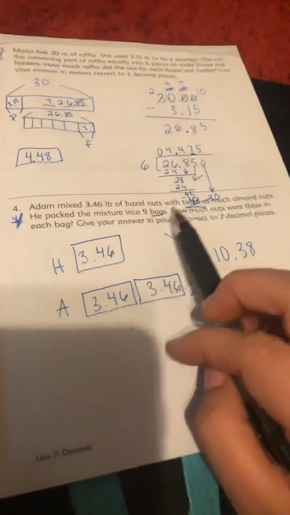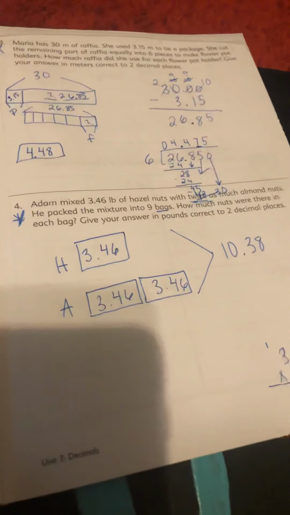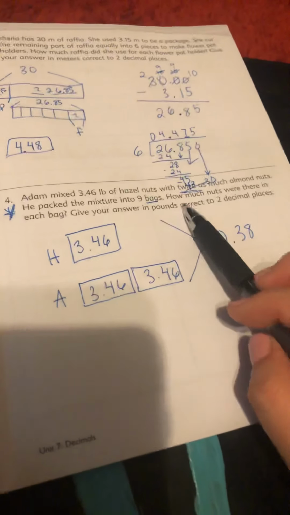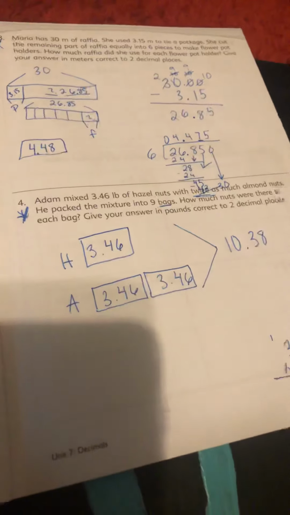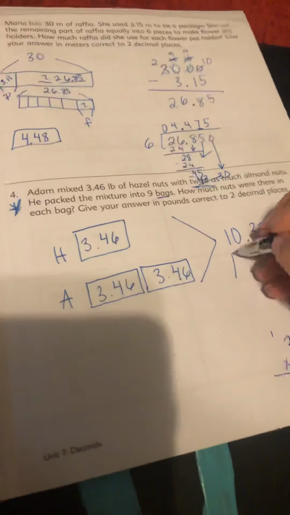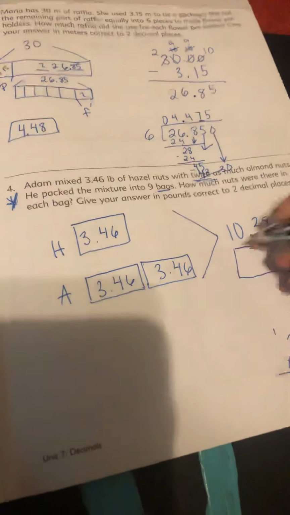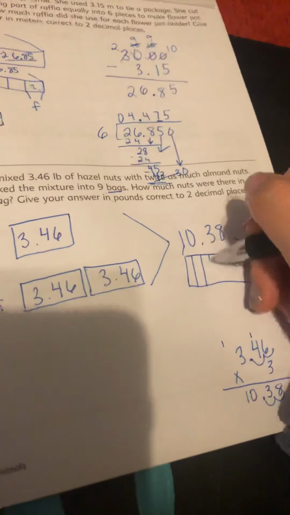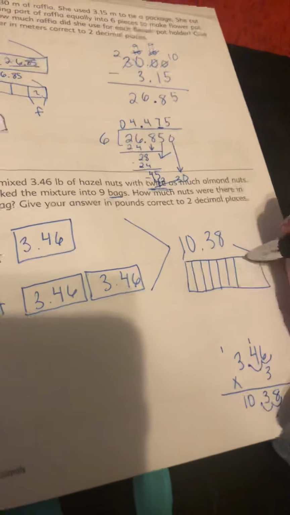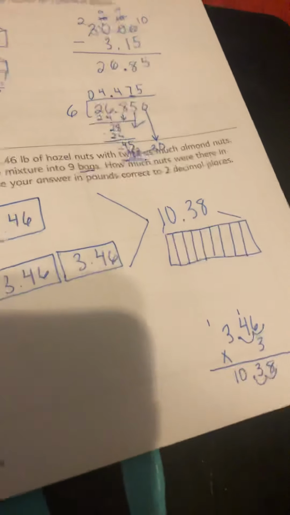So now he put them into 9 bags, right? So how much were in each of these bags? He split this total, that's our total, into 9 bags, right? Bear with me.